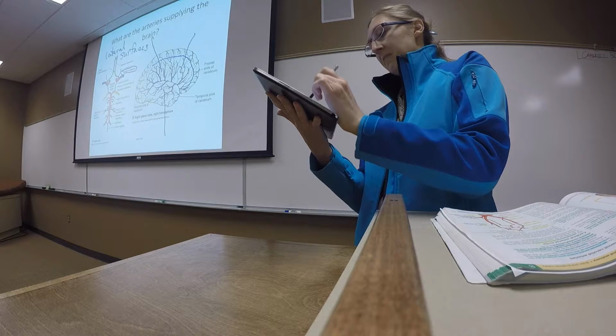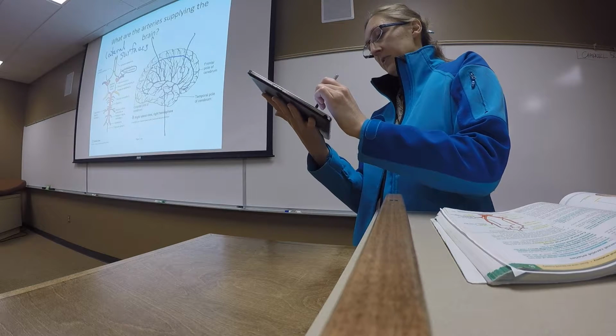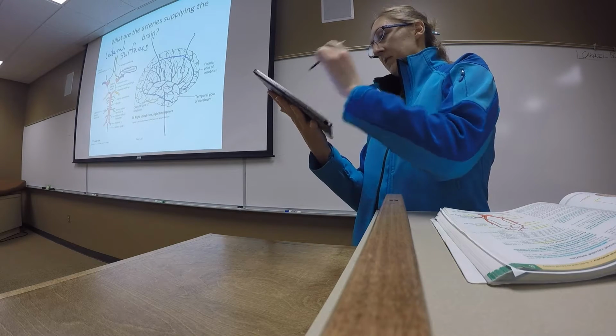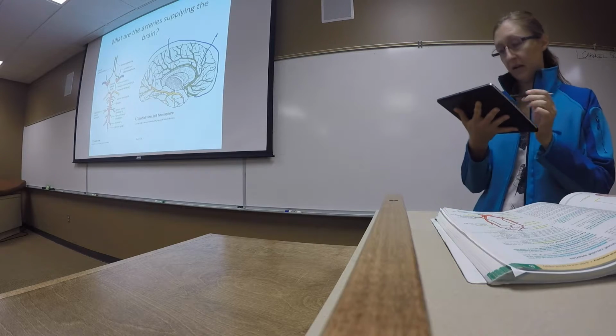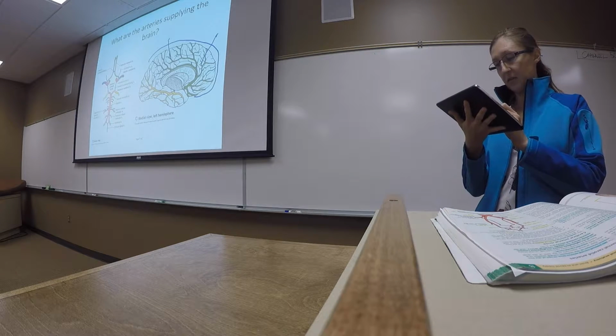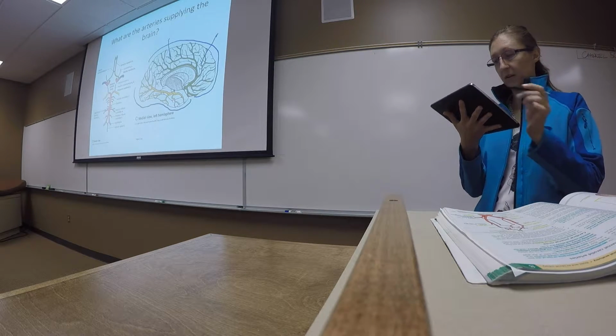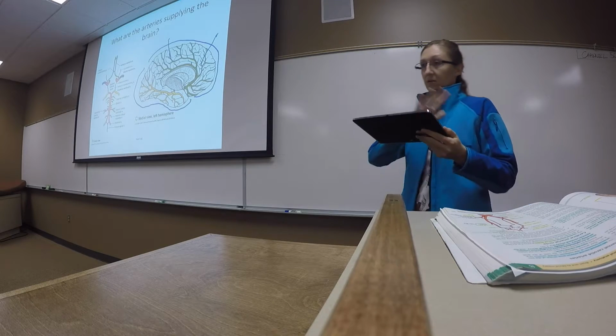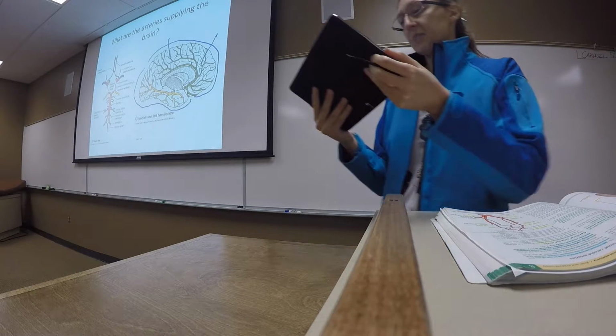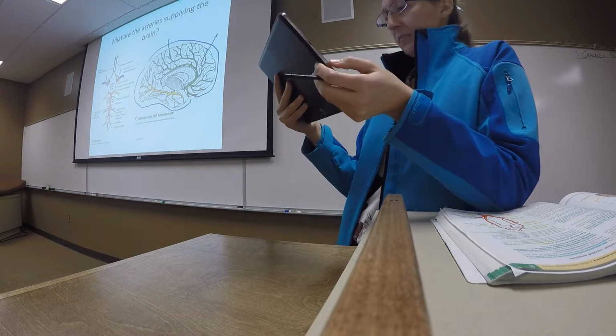The same for the posterior, getting the edges of the cerebral hemisphere. And so we have posterior here catching the temporal and occipital lobes, the medial aspects of those lobes.